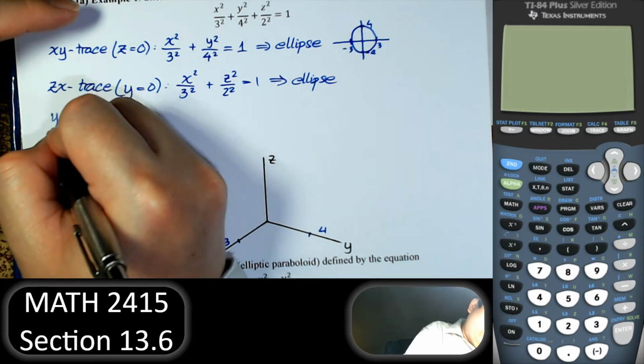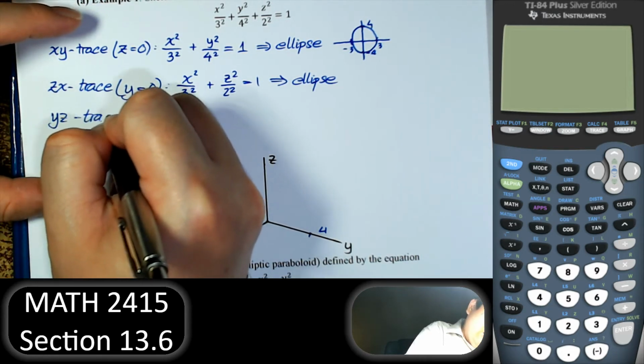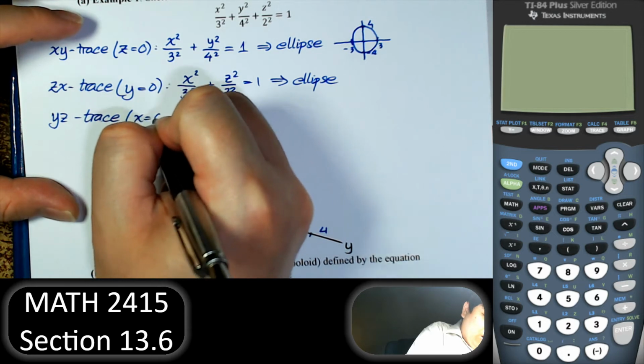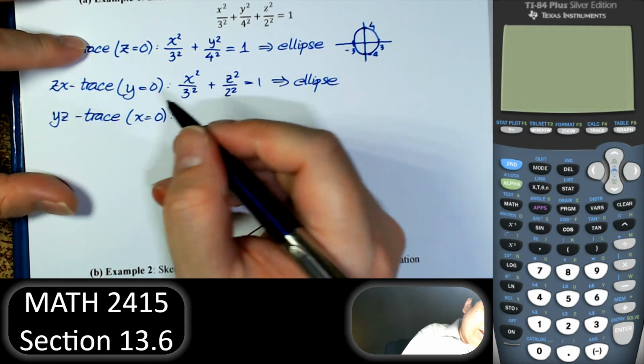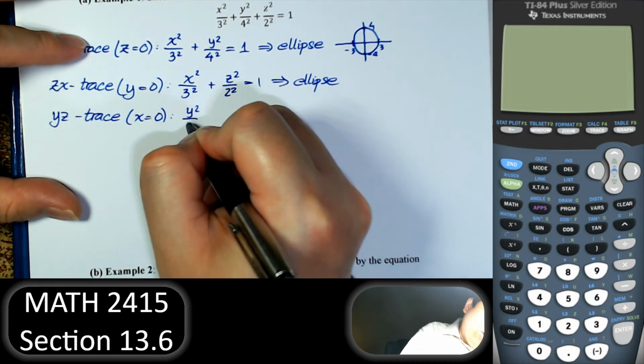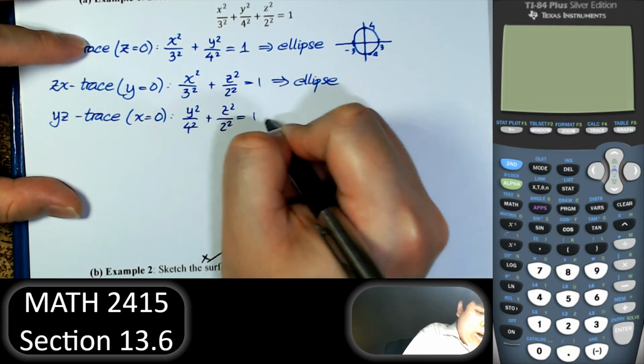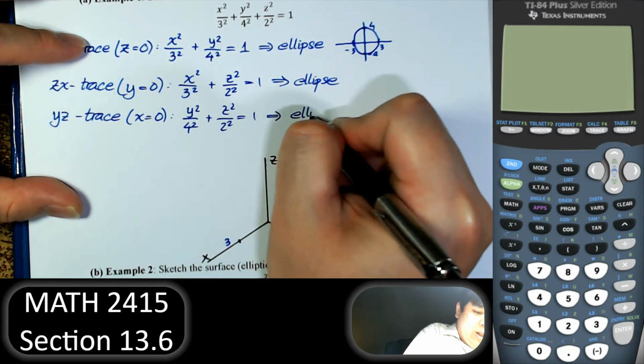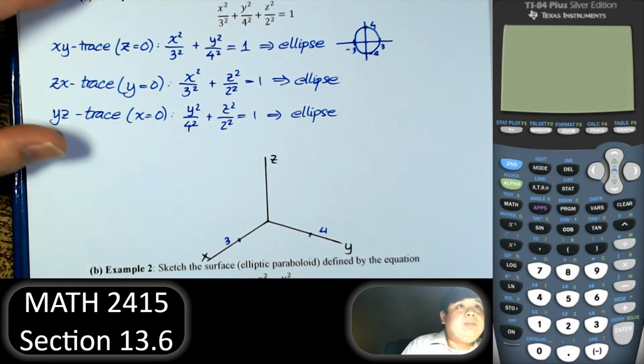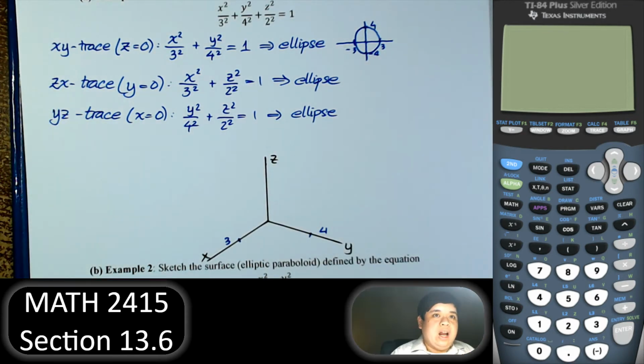Okay, the yz trace, x equals 0, y squared over 4 squared plus z squared over 2 squared equals 1, also an ellipse. So we have all 3 ellipses. In that case we have an egg, or we call it the ellipsoid.